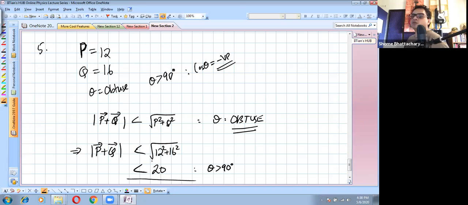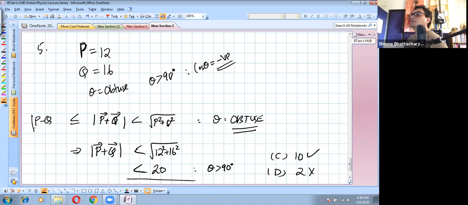Now again you have to select which option is applicable. This way you rule out option B and also option A. Now you're left with option C, which is saying can it be 10? Yes, it can be. Option D is saying can it be 2? The answer is it cannot be 2, because while it has to be less than 20, it also has to be greater than or equal to what? The difference of the two.